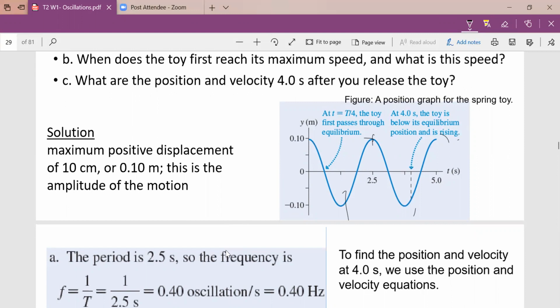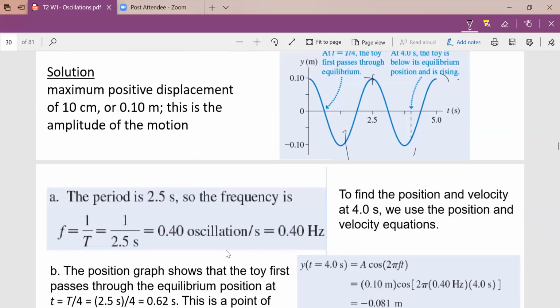So we have that t equals T over 4 because it's happening at 4 seconds after. All right, so we visualize it, and then we establish the parameters we are looking for. The maximum displacement is actually 0.1 meters because it's 10 cm.